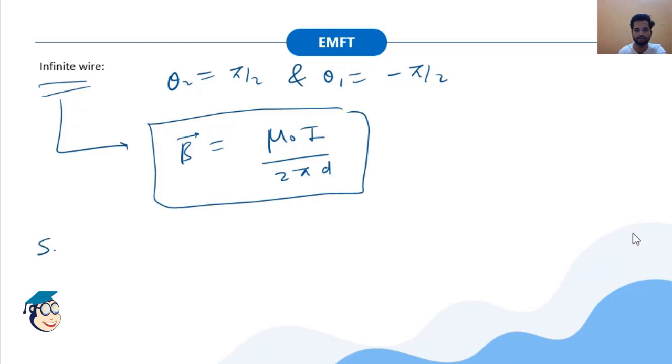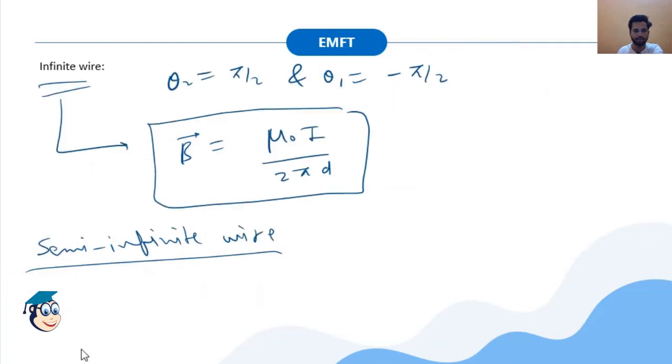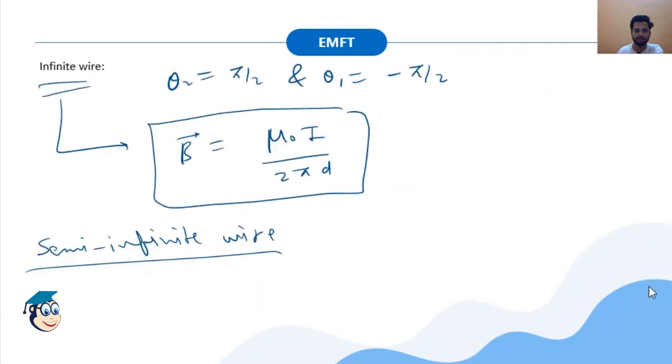And for a semi-infinite wire, you can again see from this diagram, the wire would be from this point to infinity, theta 1 would be 0 degrees and theta 2 would be pi by 2. If you put these in this equation, you will get B semi-infinite equal to mu naught I over 4 pi d.